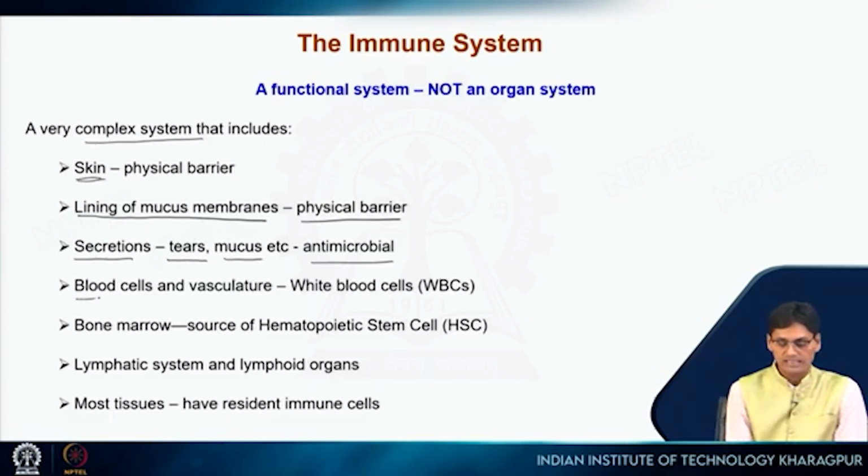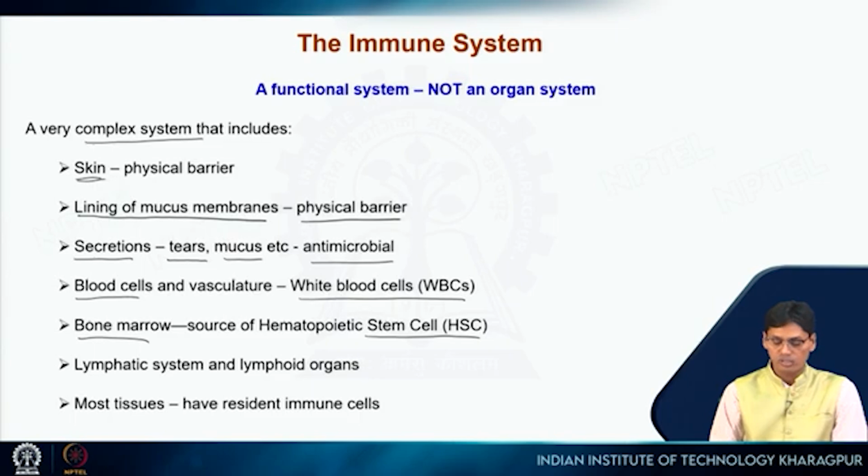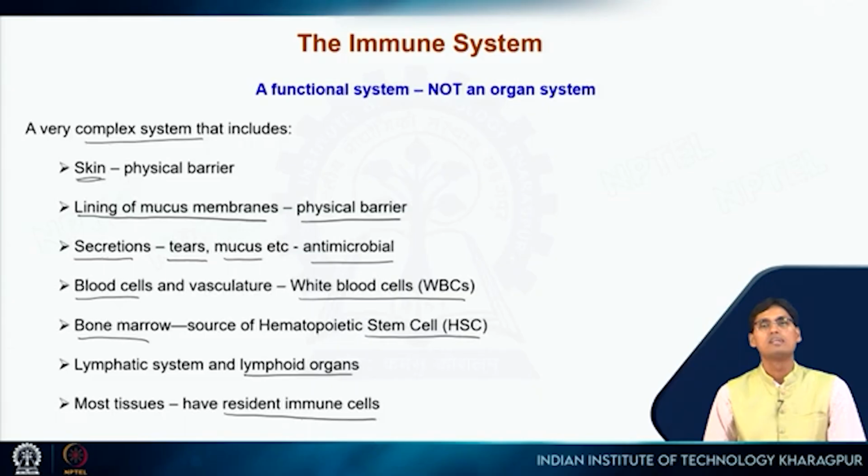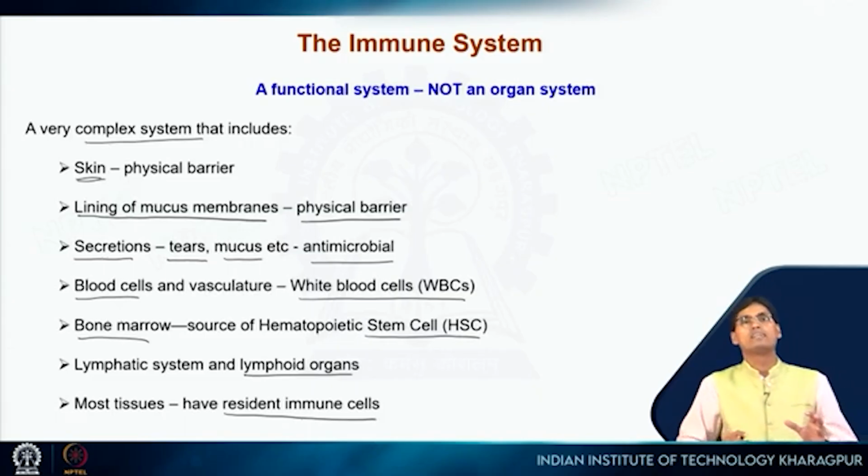Then blood cells, particularly the different types of white blood cells, bone marrow from where all these cells are generated, then the lymphatic system and lymphoid organs, and at the end most of the tissues, because they have tissue resident immune cells. So everything together is our immune system, right?